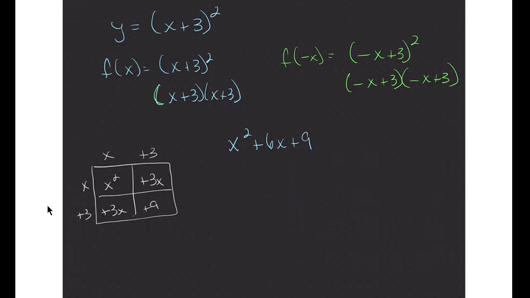Some of you like to use the FOIL method, where you're distributing everything with everybody because sharing is caring. So we would have x squared minus 3x minus 3x plus 9, which gives us x squared minus 6x plus 9.